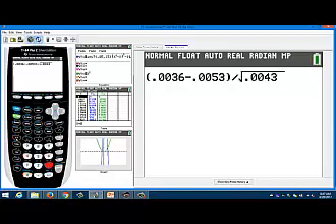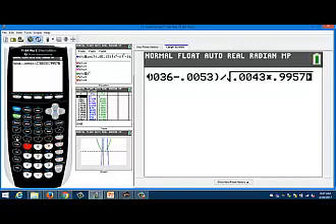0.0043 times 0.9957, right? Divided by 11,541. So that's the first fraction. Then a plus sign. Your calculator is smart enough to know it's going to compute the first fraction, then the second fraction, then it'll add them together.